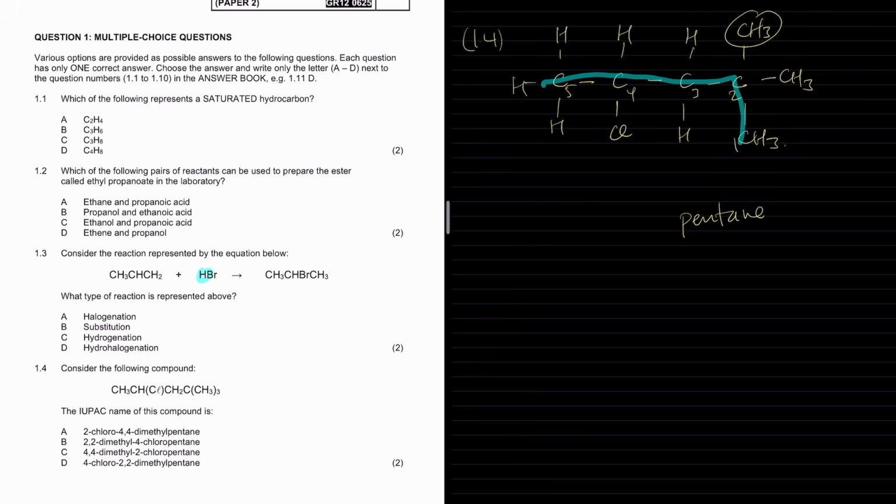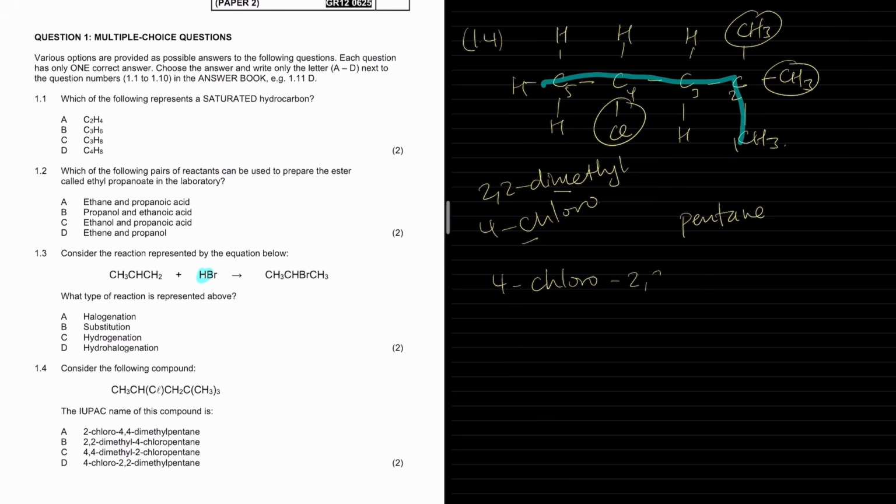Then I have a 2,2-dimethyl. And then I have a 4-chloro. Now we just need to put all of this together. C comes before M. So it's going to be 4-chloro first, then 2,2-dimethylpentane. And that option is D.